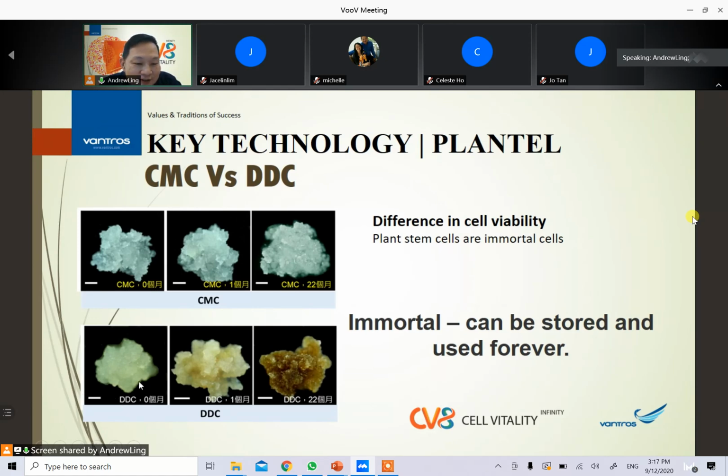The DDC cell is completely different, such as the Swiss apple stem cell. Once you extract it out, you cannot keep it for long. It will slowly die off. The CMC cell, you can keep it, and it remains the same after 20, 30, 50 years. That is why it is immortal.